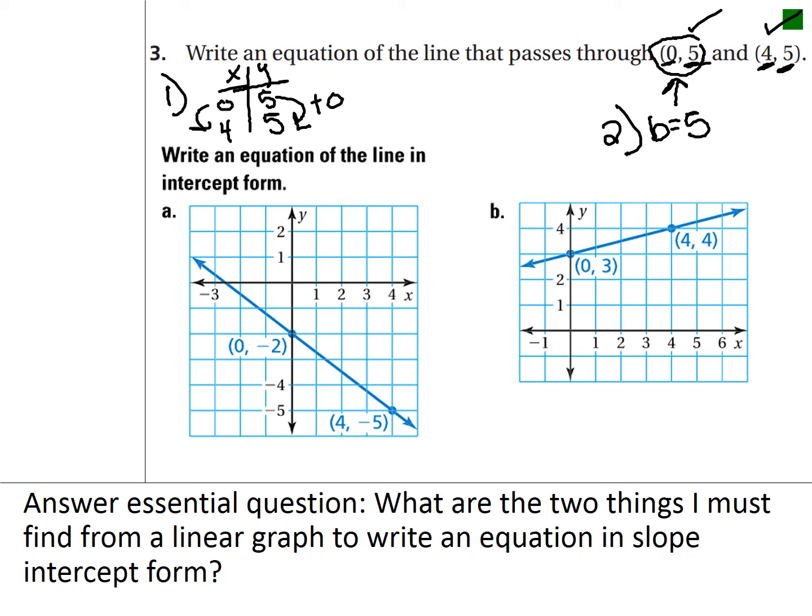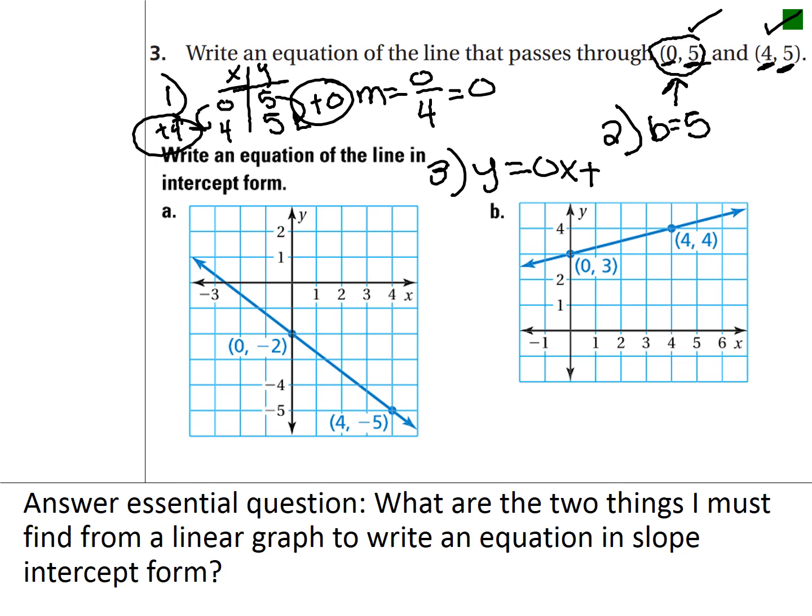Our change in x is plus 4, so our slope m is 0 over 4. What's 0 divided by 4? 0. Our equation for this one, step 3, y equals m, step 1, 0x plus 5. Let's go ahead and simplify it. Y equals 5. And you're done.